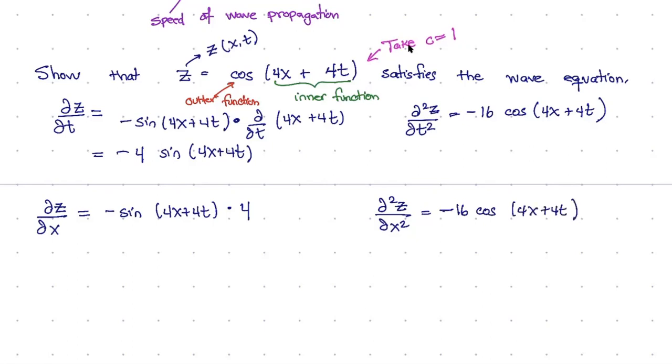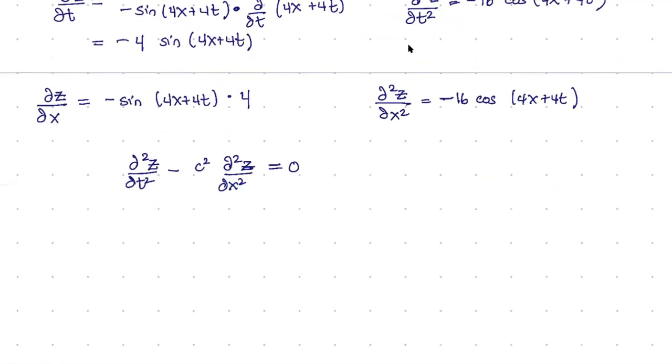And now we want to see whether this satisfies the wave equation. So is it true that the second partial with respect to t minus c squared times the second partial with respect to x is equal to 0? And I told you to take c to equal 1, so you should end up with the following. Is this true? And note that this is different than a Laplacian, right?